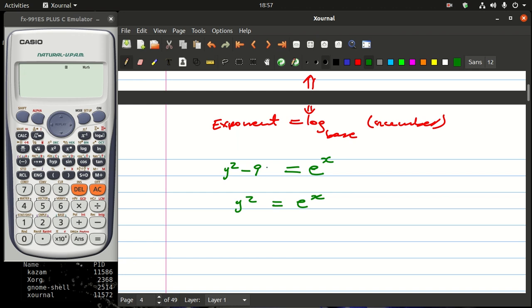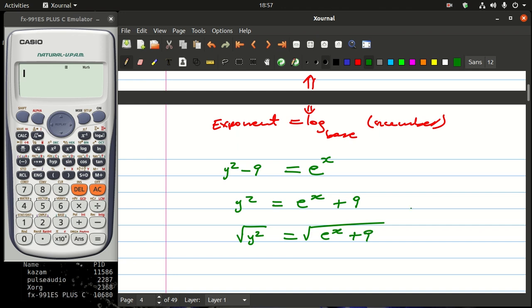So our y squared minus 9 is just equal to e to the power x. I'm going to transpose 9, and if I'm transposing a 9 here, I will end up having a plus 9. If I am taking a square root on both sides, we usually have an issue around the square root. So the square root of y squared is equal to the square root of e to the power x plus 9.